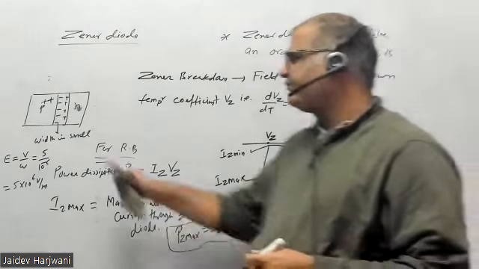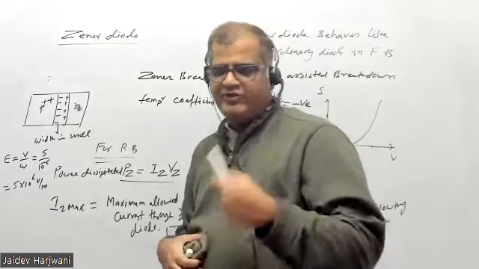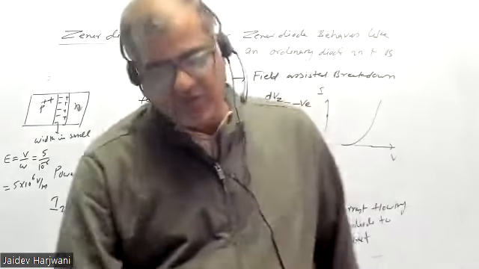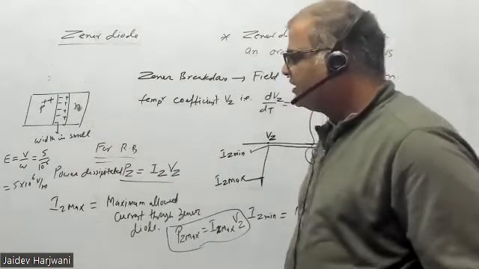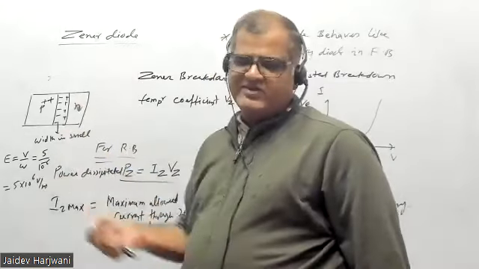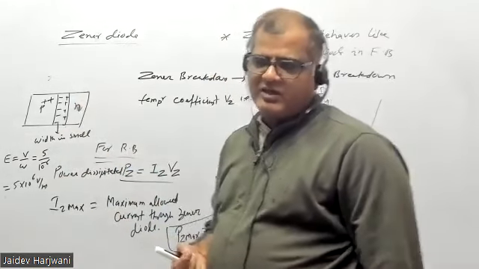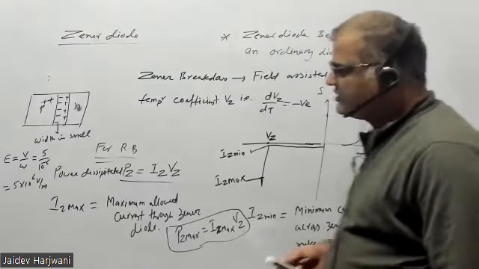Temperature itself is helping to reduce this width, because temperature itself produces charges. So when temperature is doing the same work which the field is doing, that means temperature is also assisting the field. If you have higher temperature, the depletion layer width is already small; depletion layer width depends on the temperature. And this is the cutoff voltage.